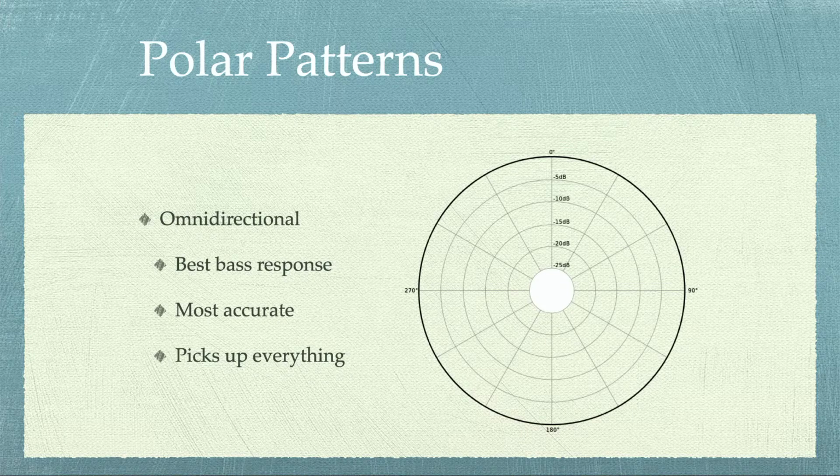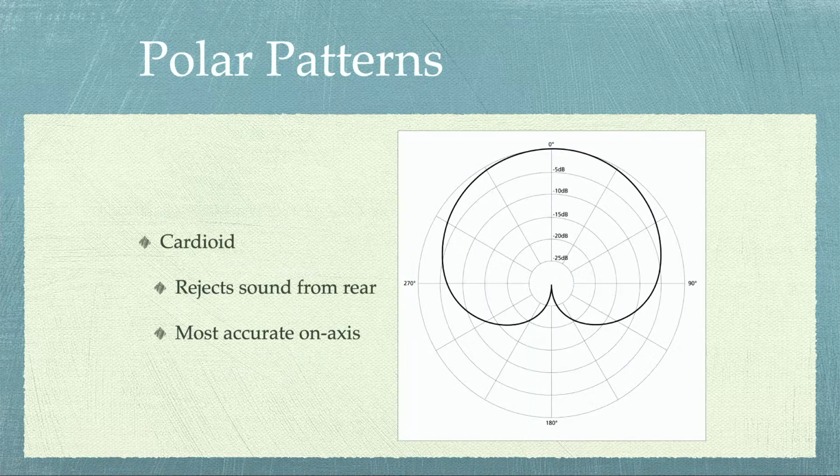Okay? So now the next one is the one that you've seen before, and this is actually the most popular. If you go to look for microphones, 85% of them are cardioid. It's the most practical pattern for you to use. It rejects sound from the rear, and it's the most accurate on axis. So I said earlier, with the omnidirectional microphones, you would get 70% singer and 30% Riley.